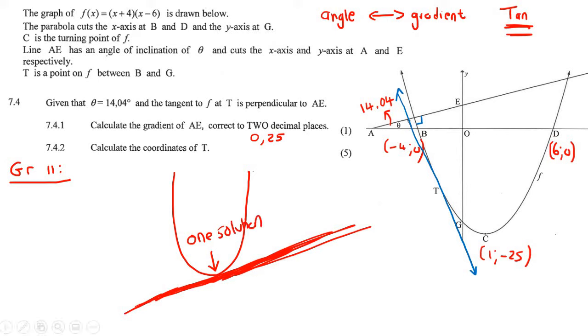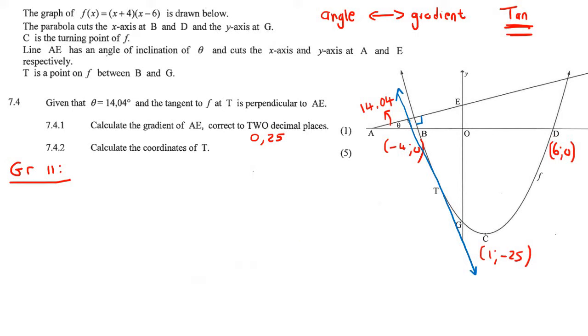Okay, now I'm going to show you a mathematical way of how you can find only 1 solution. Can we all agree that these 2 graphs, the tangent and the parabola, are touching each other? So they are equal, they are going into each other. So how can you find out where the 2 graphs go into each other? You make them equal.